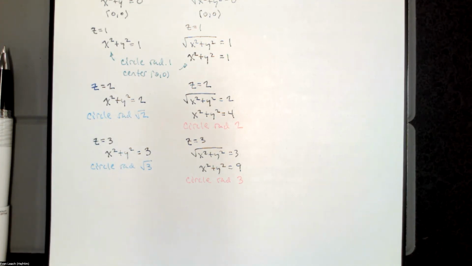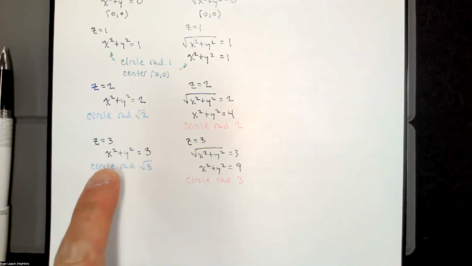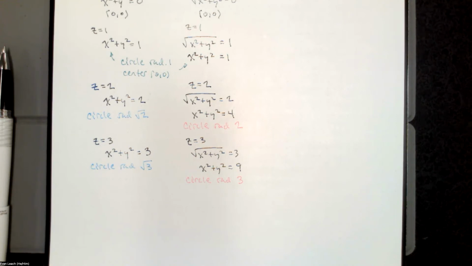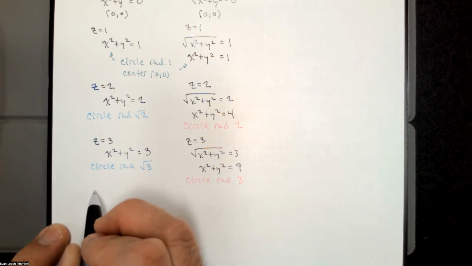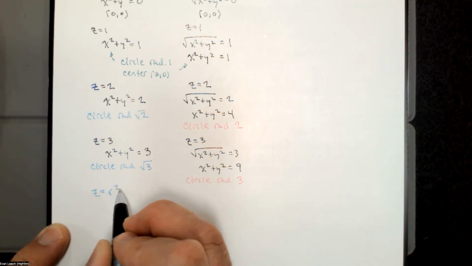So what we're looking at is when we have z equals some constant, that constant is the square of the radius. Over here, that constant is the radius. So when we start looking for the pattern, we see that the z value is the square of the radius.